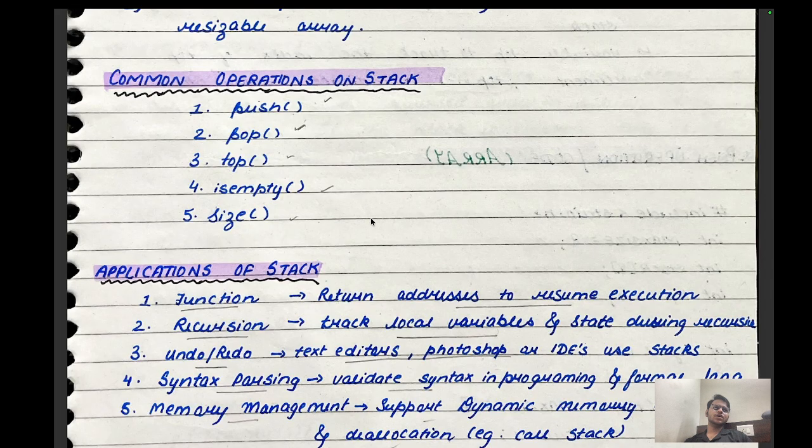Is empty basically returns you a value of 0 or 1, or true or false, or whatever you set in your function. So it tells you whether your stack is empty or not.